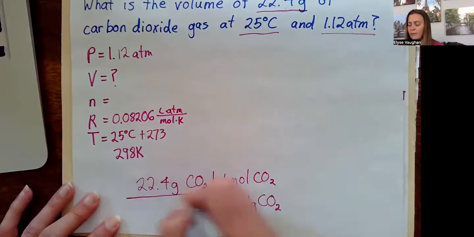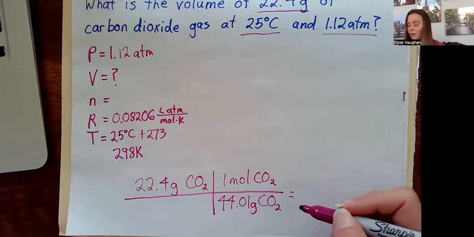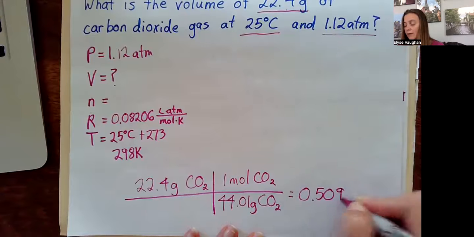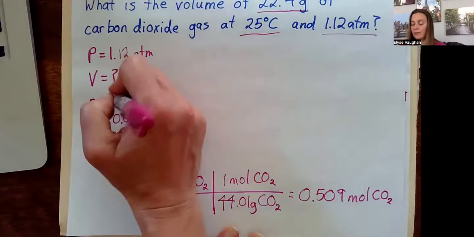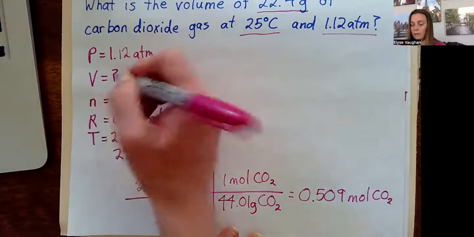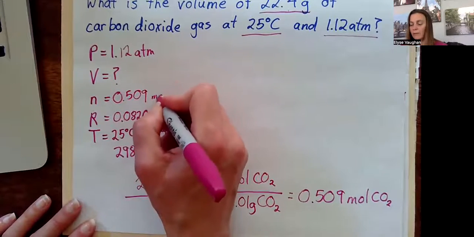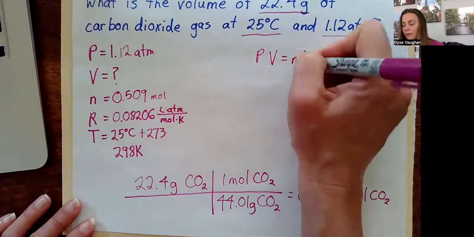And this is old hat by now. You guys have been doing this for a long time. So we get that our number of moles is 0.509 moles of carbon dioxide. So N is 0.509 moles.